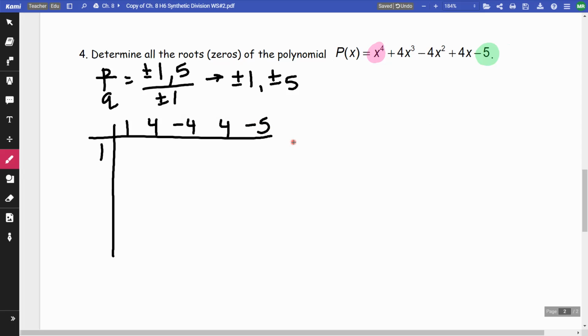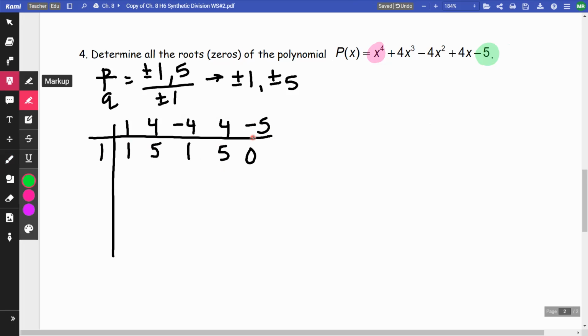Let me try 1. I'm going to bring down my first number, which is 1. 1 times 1 is 1. I add, I get a 5. 5 times 1 is 5. I add, I get a 1. 1 times 1 is 1. I add, I get a 5. 5 times 1 is 5. I add, I get a 0.